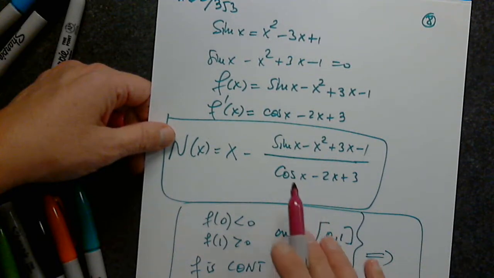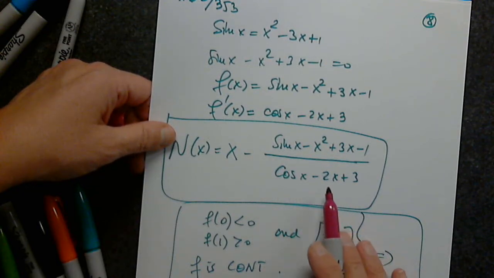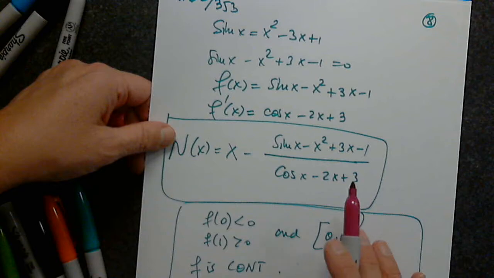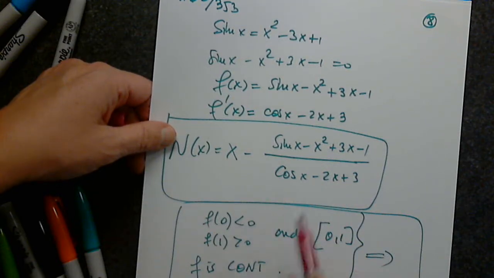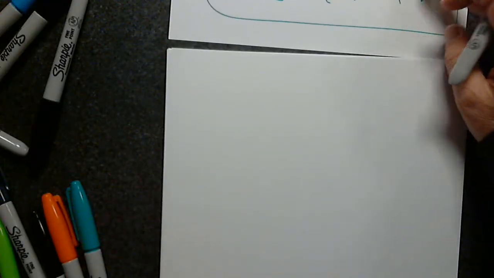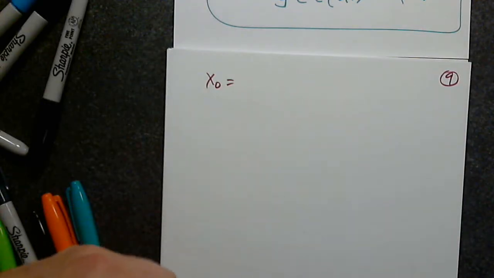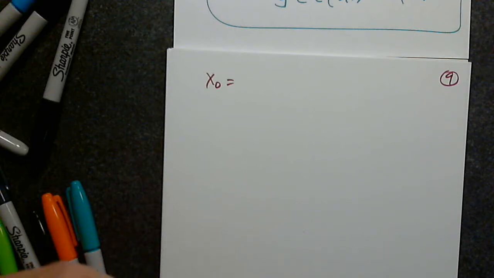For 1 it is cosine 1 radian, which is not 0, minus 2 plus 3, which is 1, so 1 plus cosine 1 radian is not 0. It doesn't matter where I start. So you can say, let's start with x sub 0 being this or that. Just have to choose. The derivative is not 0 at either point.